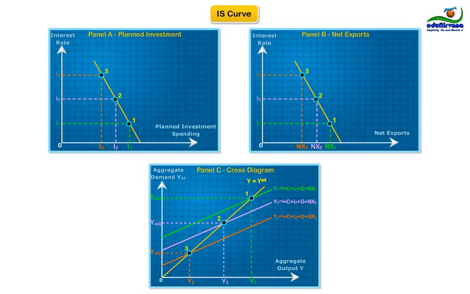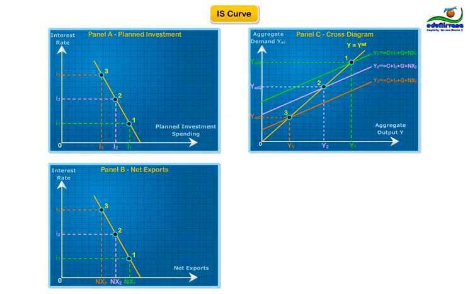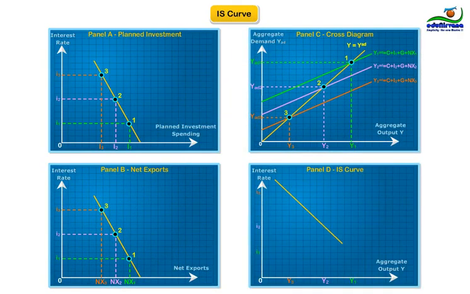These points are directly mapped in another graph or panel D. Point 1 shows the resulting equilibrium level of output Y1 of panel C, which corresponds to interest rate I1 here in panel D.